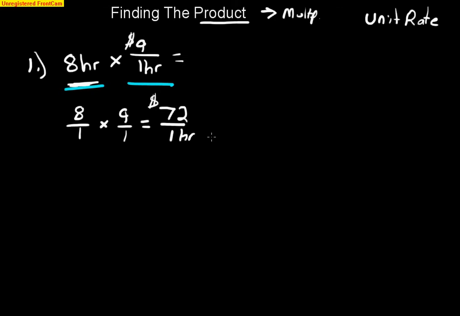So this one is simply going to cost us $72. And that was for the 8 hours that we put as 8 over 1. So that's what the answer to this problem ends up being. It's really as simple as that. Finding the product is simply multiplying by a unit rate so you can find what the overall goal is. Okay, so that's problem number 1.